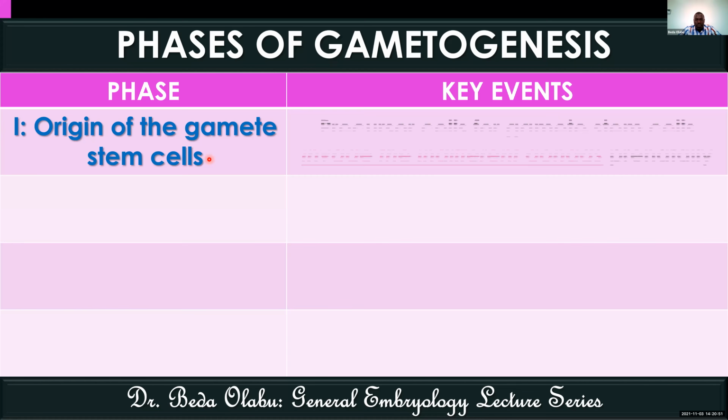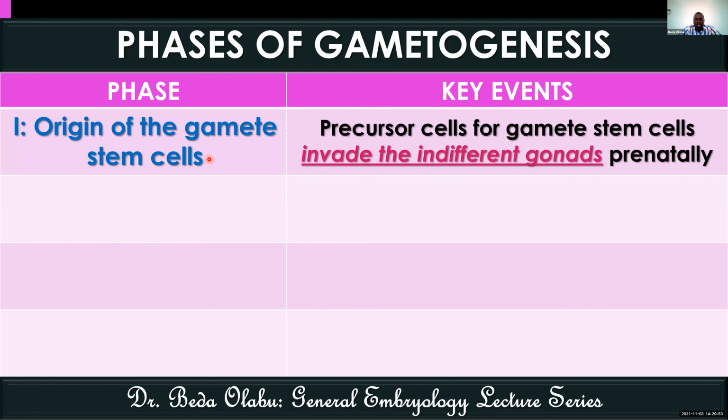Now, what do they do? Those precursor cells for the gametes migrate towards and invade the indifferent gonads of the baby. You need to understand some terminology here, and the terminology is the term indifferent gonad.